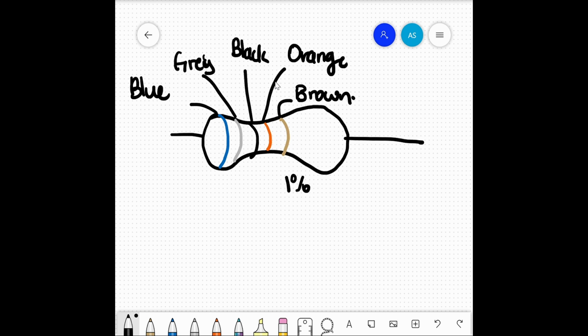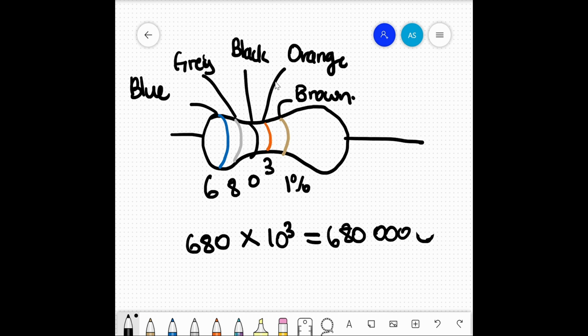So this would mean that the numbers here are 6, 8, 0, and 3. So hence, the first three bands represent the first three digits, which are 680 multiplied by the fourth band, which is the multiplier band here, 10 to the power 3, and it will give you 680,000 ohms or 680 kilo ohms.